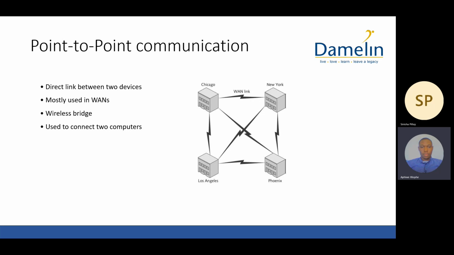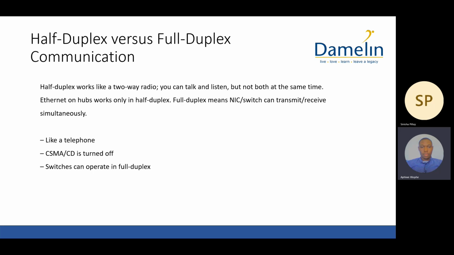An ISP who wants their customers to connect to the internet. They'll give you a router, and through the router, you will be linked to their WAN, okay? So it's a point-to-point communication. Or ISPs can connect to each other's WANs. So if it's the same ISP, just different buildings, they're going to initiate a point-to-point connection, okay?